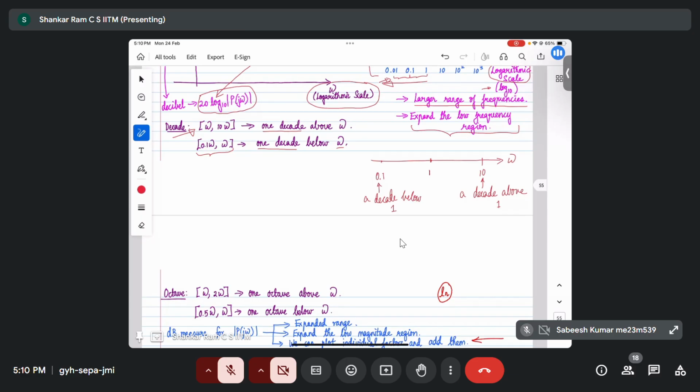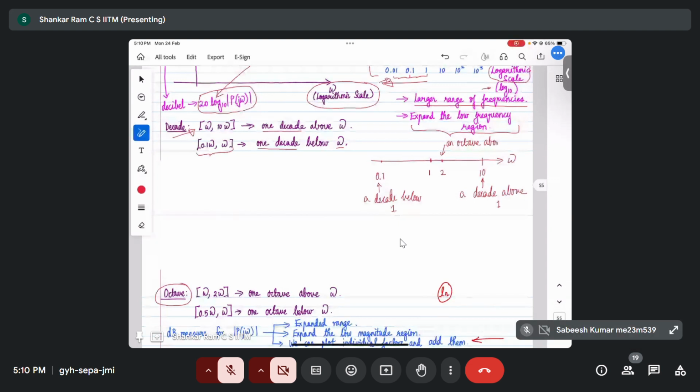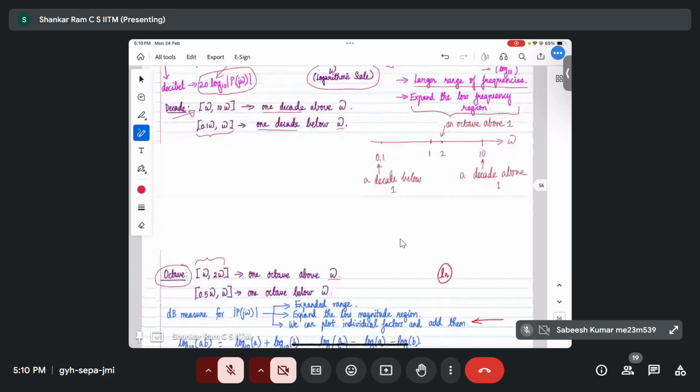Okay. Similarly, there is something called as an octave. So what is this octave? Let us say I have 1 and I go to twice that value, above 1. So if I have any frequency omega, the region omega to 2 times omega is what is called 1 octave above omega.